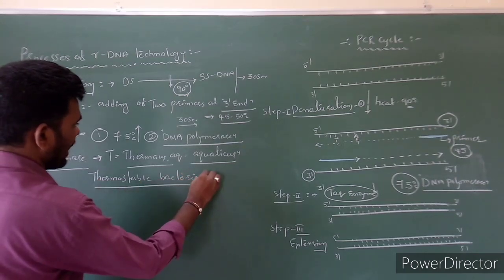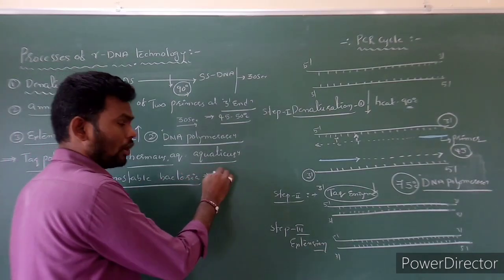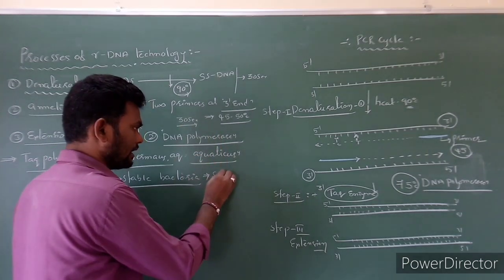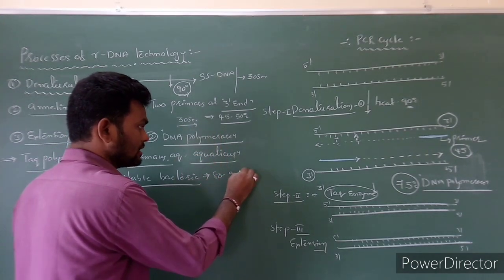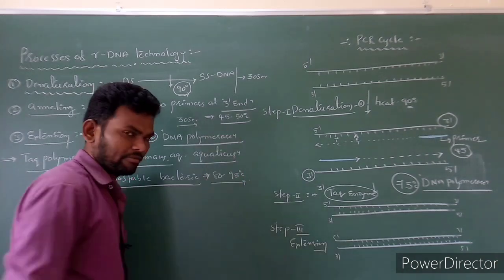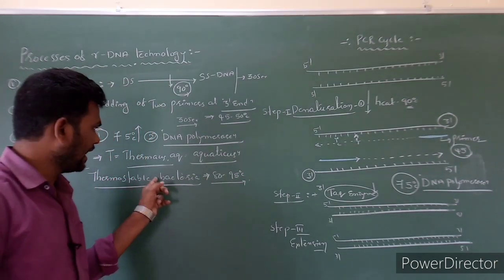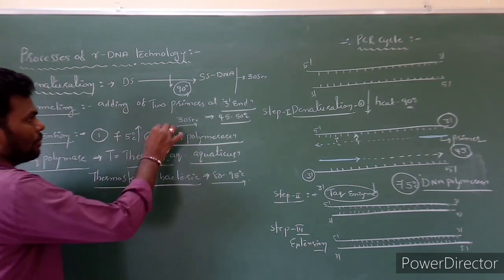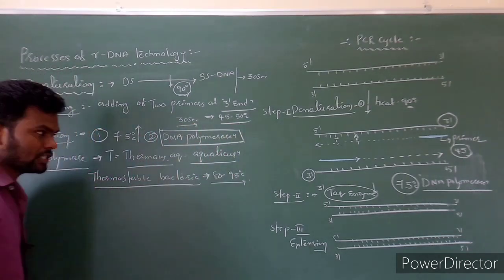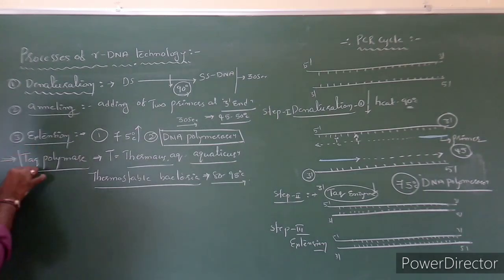The thermostable bacteria can survive in hot springs, and it can tolerate 80 to 95 degrees Celsius. So for that we choose this bacteria and isolate this DNA polymerase enzyme. That's why they gave the name Taq polymerase enzyme.